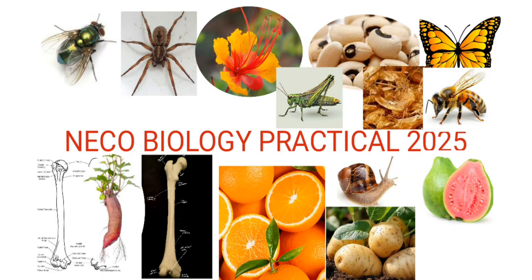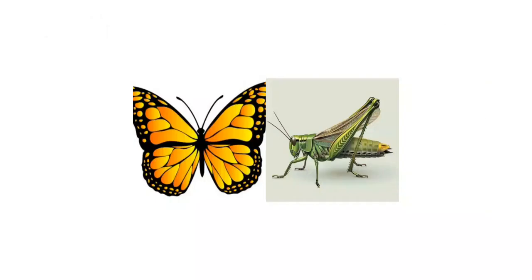You may be asked to state the differences between organisms in the same class. Example, butterfly, grasshopper, housefly, honeybee are all in the same class. So you may be asked to state observable differences between these specimens.